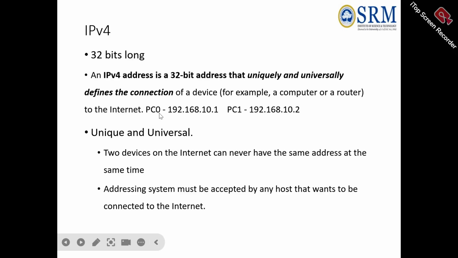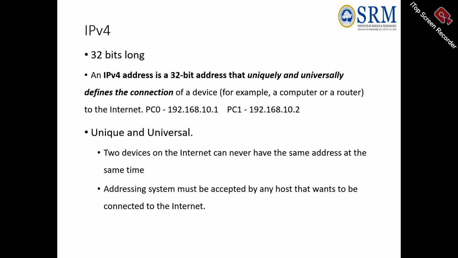So in this network, for example, PC0 and PC1 are available. For PC0, we are assigning the address 192.168.10.1, and for PC1, 192.168.10.2. So here we are assigning two different addresses for each and every device. It is unique. So 10.1 is for PC0 and 10.2 is for PC1.